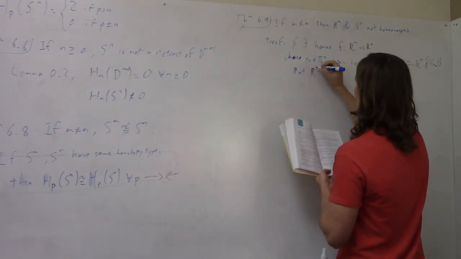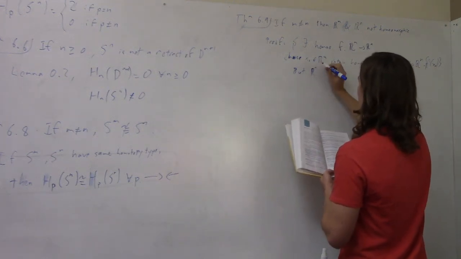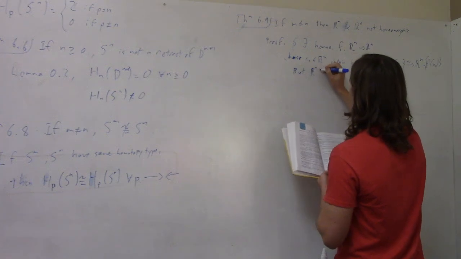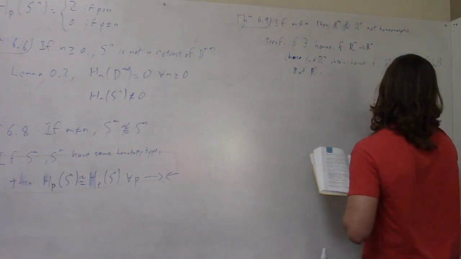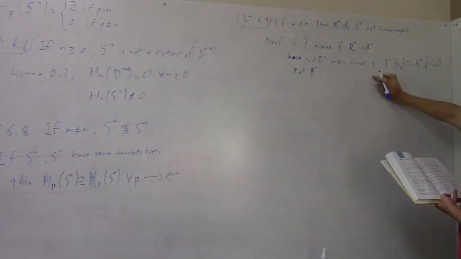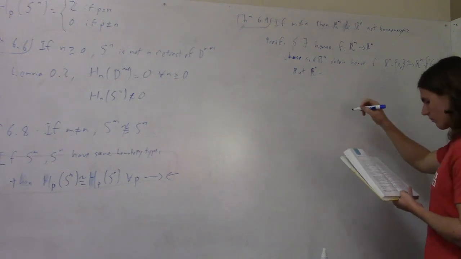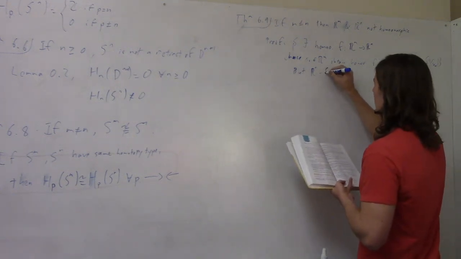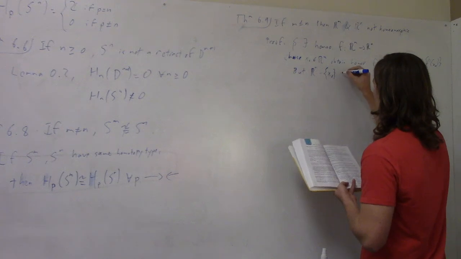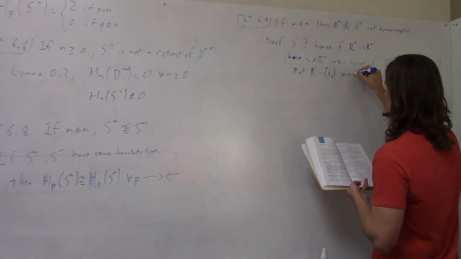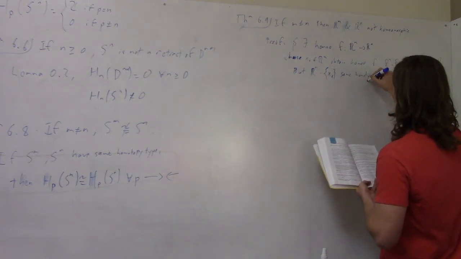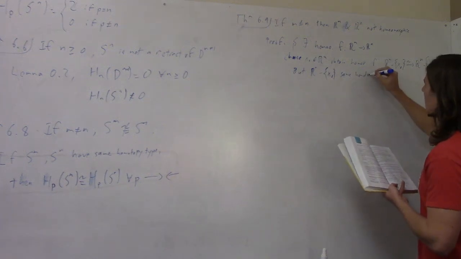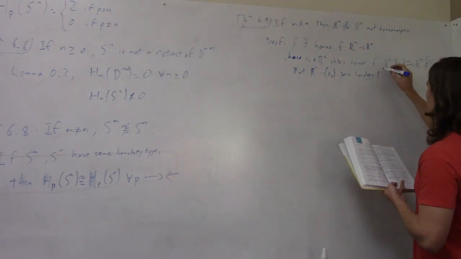Do we have a notation for same homotopy type? I don't remember. The squiggle over the arrow, what are you saying there? It's a homeomorphism. Oh, okay. Homotopy type, so many T's and Y's.